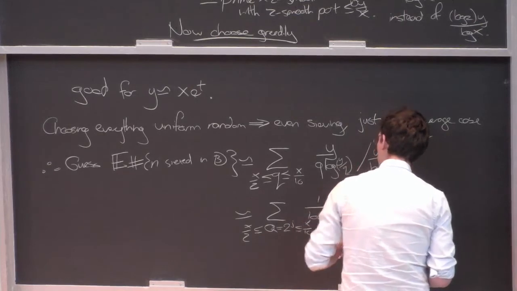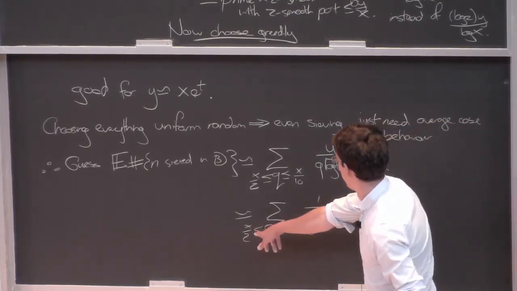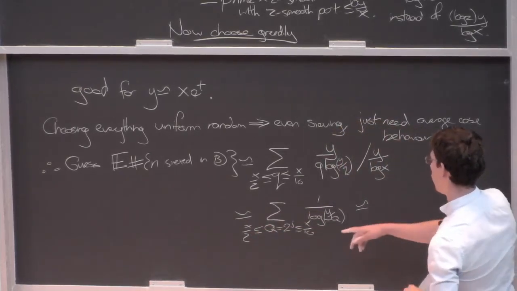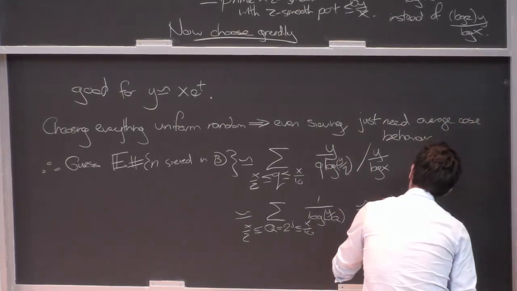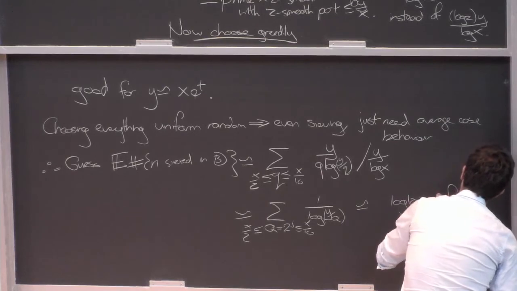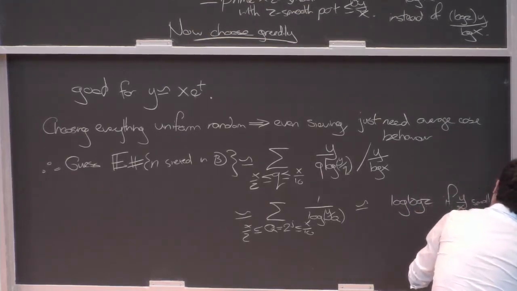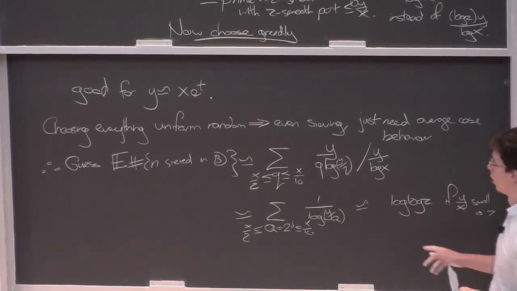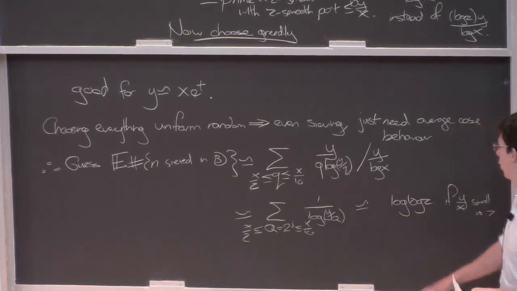And provided y over x is then little o of z, I think if I've done my calculations right, then this should be of size about log z if y over x small. So fortunately, this quantity does diverge, although it diverges very slowly.